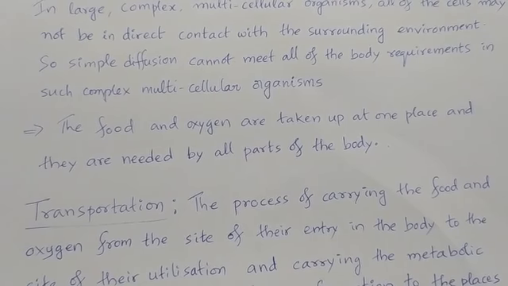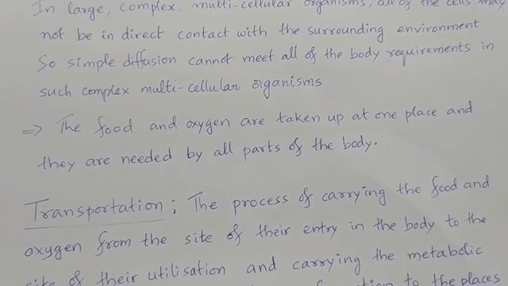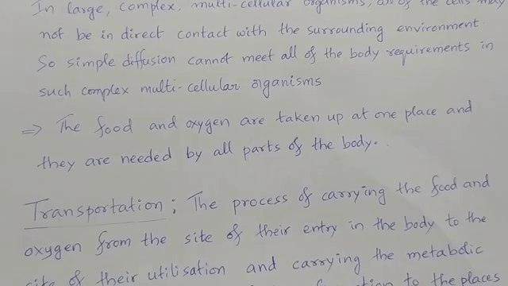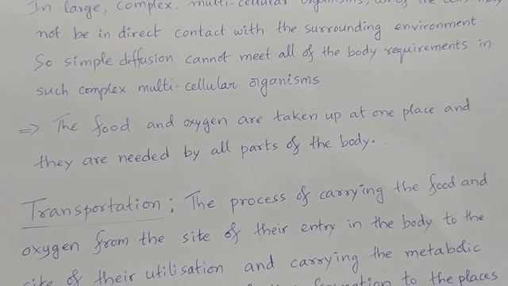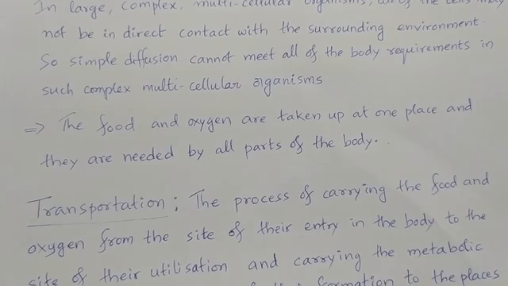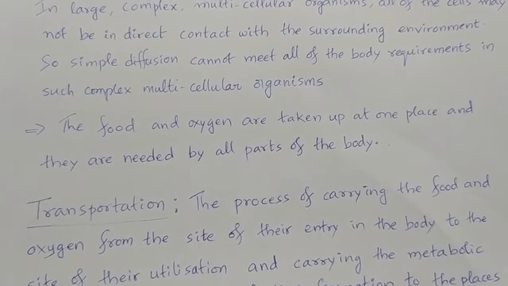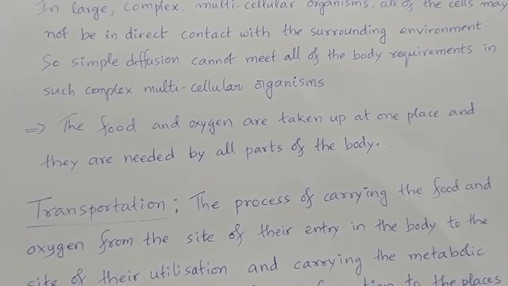No, they are different. So, from the places of their entry to the places of their utilization, the food and oxygen have to be carried. After the utilization, certain waste byproducts are formed inside the cells, and these waste byproducts should not be present within the cells. They have to be discarded out from the body.